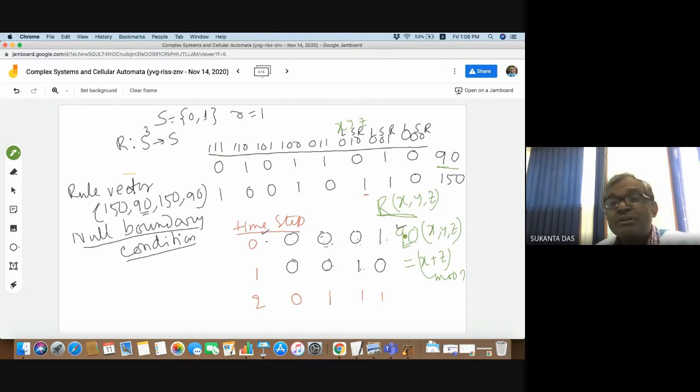So therefore, rule 90 I can express as X plus Z mod 2.